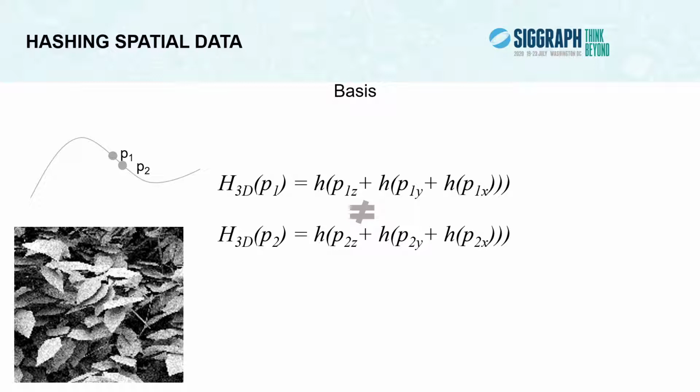If we do that naively, just by taking the bits of the floating point coordinates of the point, then two points, even if they are really close by and very related, will have different hash keys, which means we won't be able to filter those together to smooth our signal in world space.